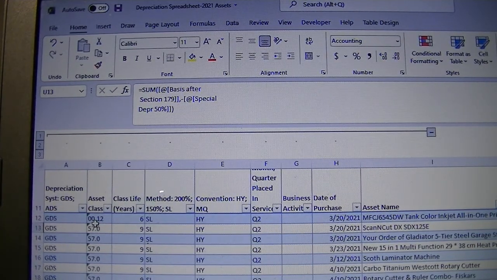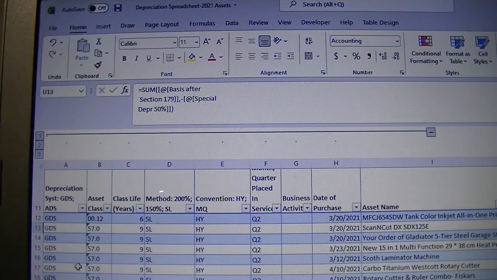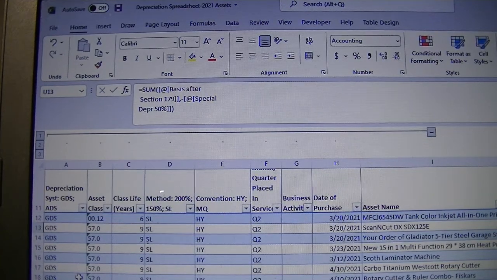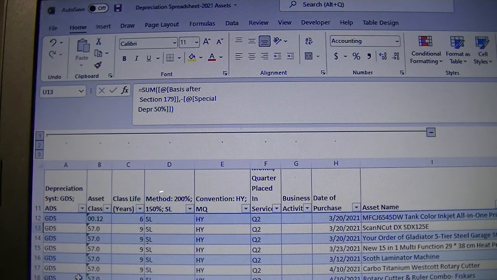So you could easily put GDS in your spreadsheet, or add it when you are getting ready to calculate your depreciation deduction.